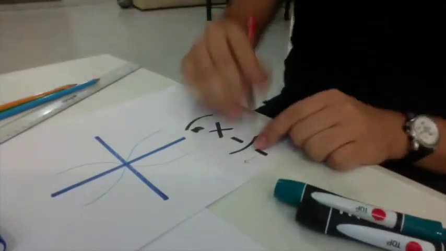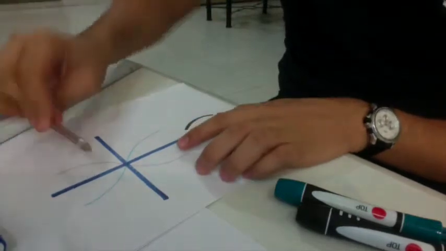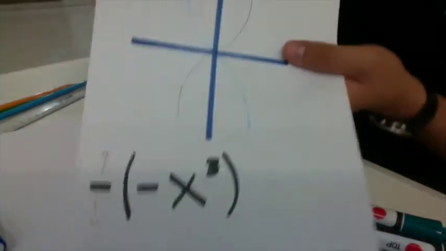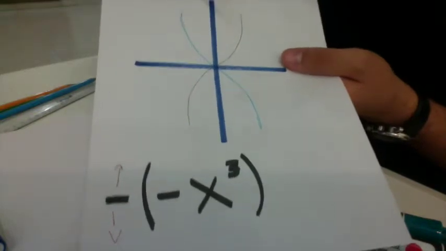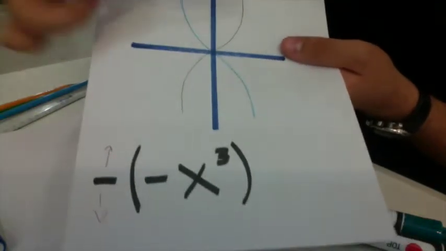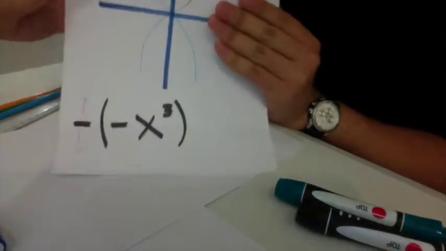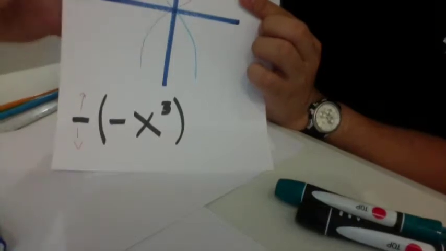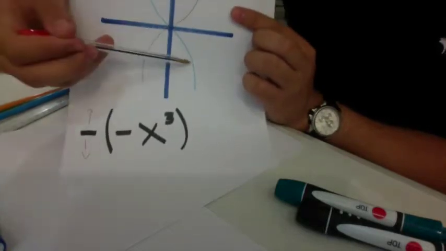The sign outside means that it's like a reflection. So when we have the graph, the red graph, this one, it's like this, right? So it's going to change, it goes down, down, down. That's why the blue graph is like the opposite, because everything goes inversely, so it goes down.